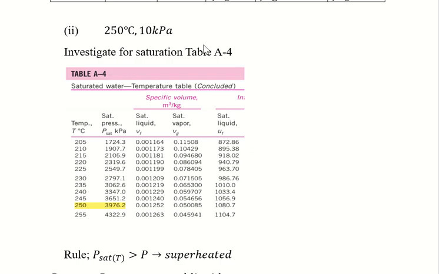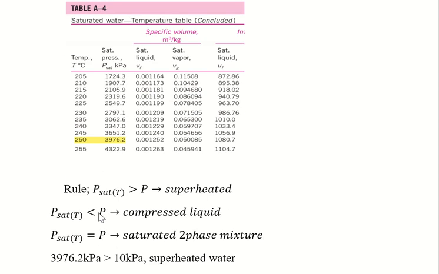So we know from our facts that if the saturation pressure at a given temperature is greater than the pressure that was given, it's superheated. Superheated vapors exist at very high temperatures and high pressures.